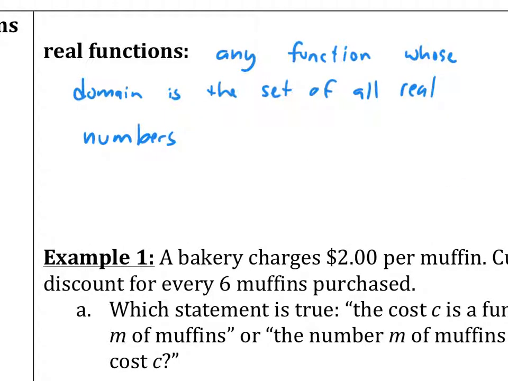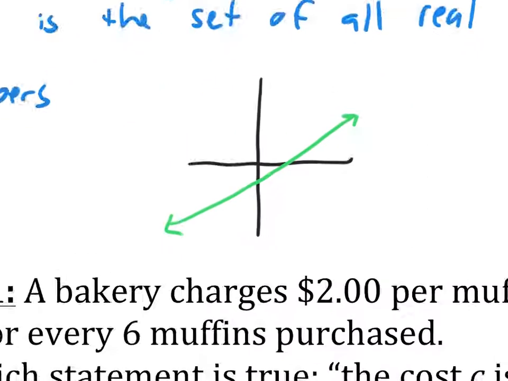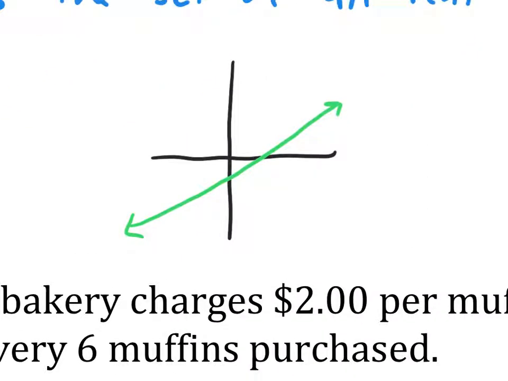So just to give a quick example of it, if you had a line that just went like this, and then we draw our arrows right there, the domain are just all the x values. So if we think about what the x values are, this x value counts, this x value counts, this x value, and because there's a line, it means that there's an infinite number of points here.